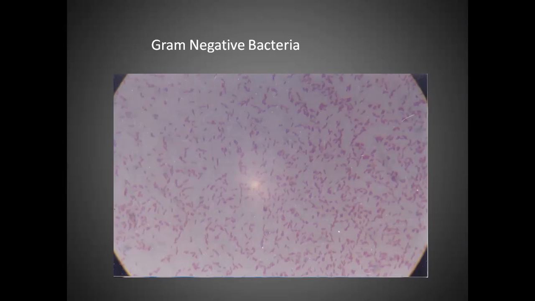Why do some bacteria retain the primary stain crystal violet and some take up the secondary stain safranin? That is due to the amount of peptidoglycan in the cell wall.